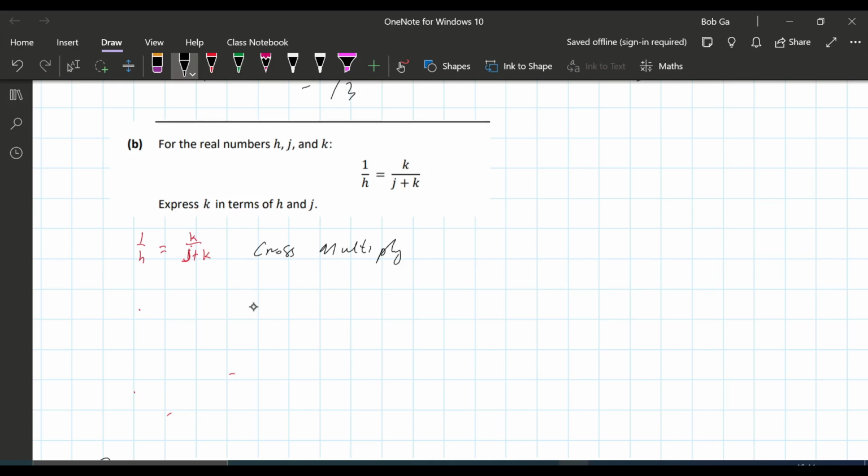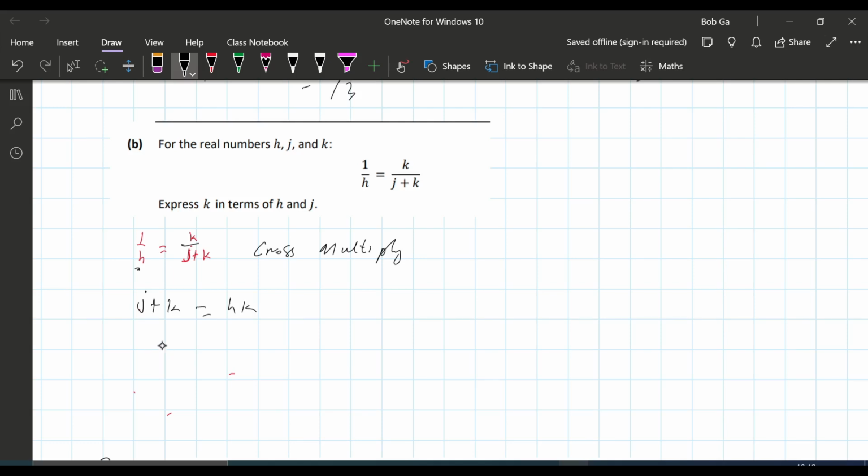When we cross multiply, we have j times 1 and j plus k, this times this, and then this times this. That's what we mean by cross multiplication. So j times 1 is j, equal to h times k, which is hk.